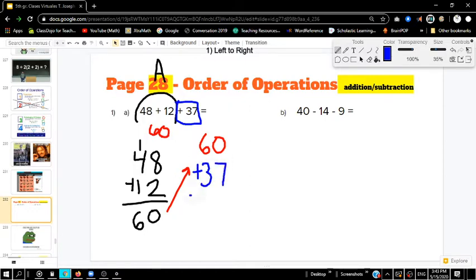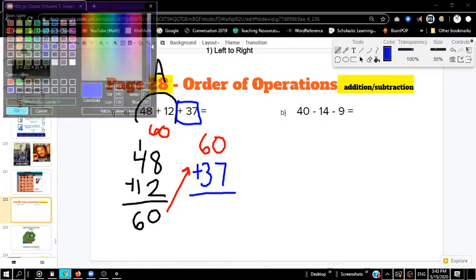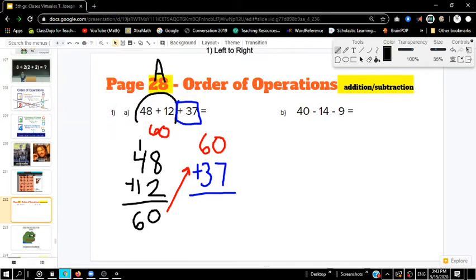Again, I started on the left and I worked my way right. 0 plus 7 is 7. And 6 plus 3 is 9. So our answer should be 97. All right, so that's our answer for our first problem, letter A, on page 28. You'll notice, again, Mr. Joseph did first step A, and then he did step B. Okay, that's the order that we are going to go into. Okay, let's do the next problem.